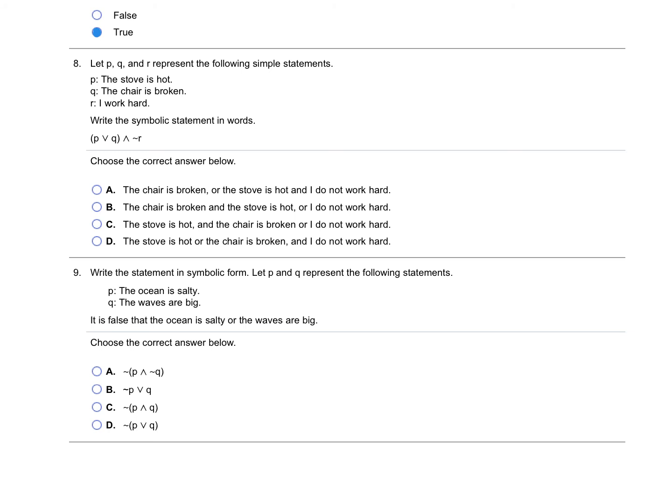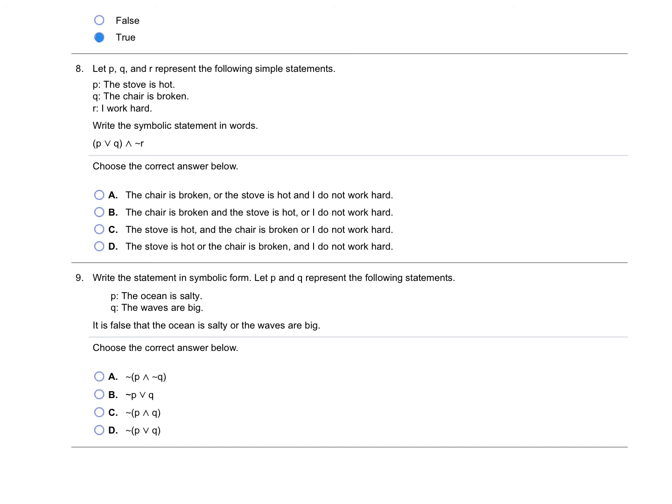Okay, so this is P or Q. The stove is hot or the chair is broken. Then you have a comma, so it already looks like it's going to be answer choice D. But let's make sure the rest of it makes sense. Then you have a conjunction, so it'd be and, not R. I do not work hard. So D would be the correct answer.